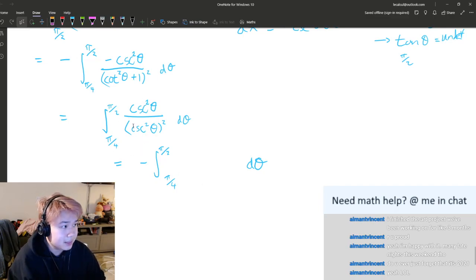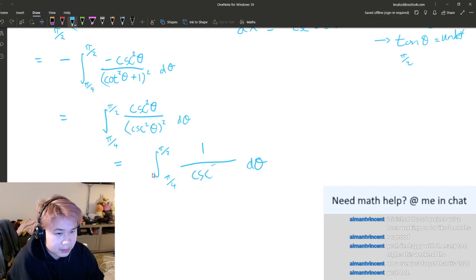Okay, and then basically I have cosecant squared on the top, and then I have cosecant to the power 4 on the bottom. So that will simplify into cosecant squared still on the bottom, and then this is it. Jeez, silly me, rookie mistake.